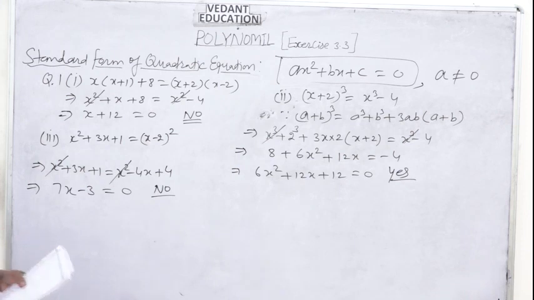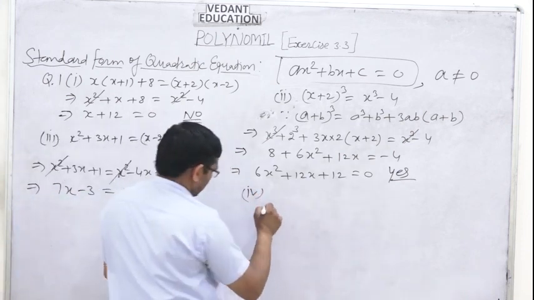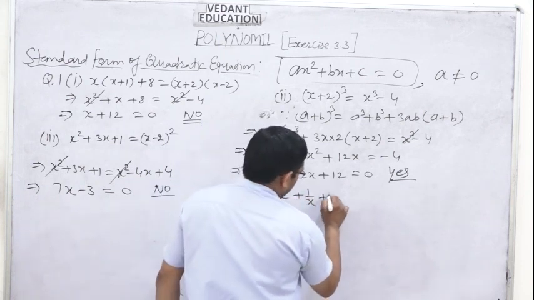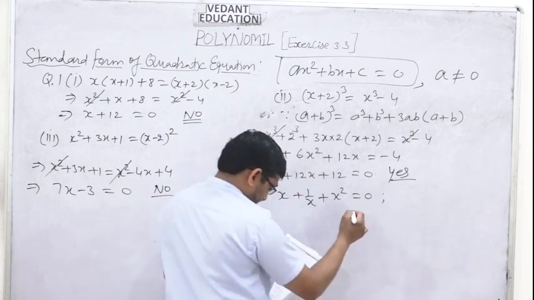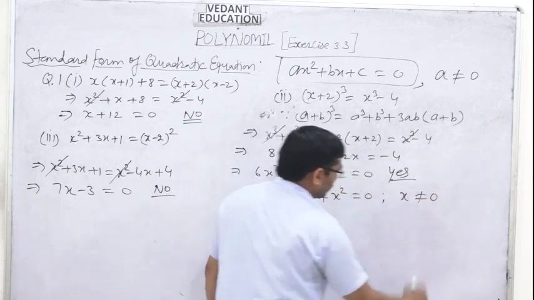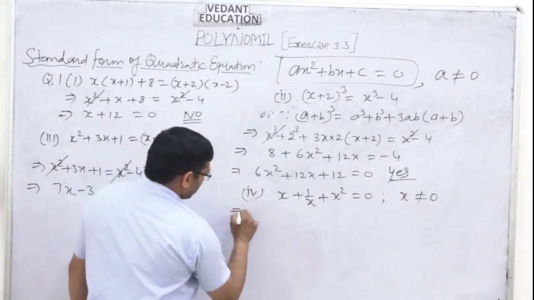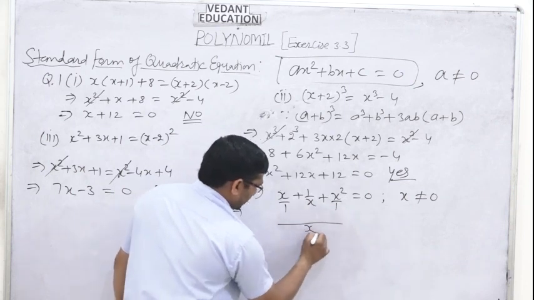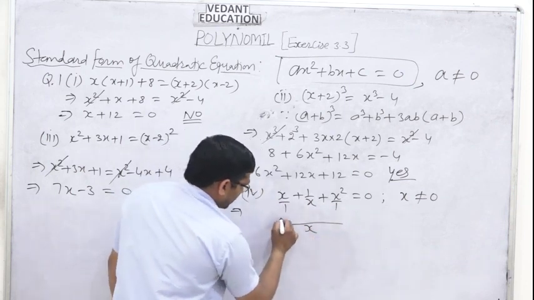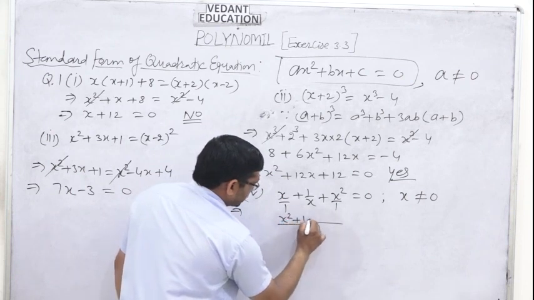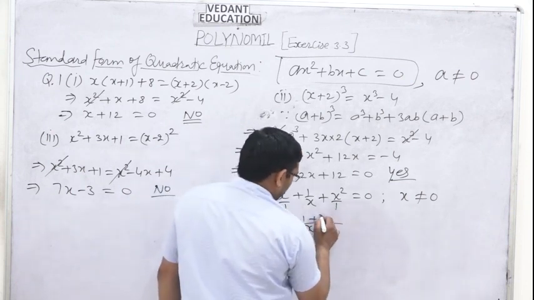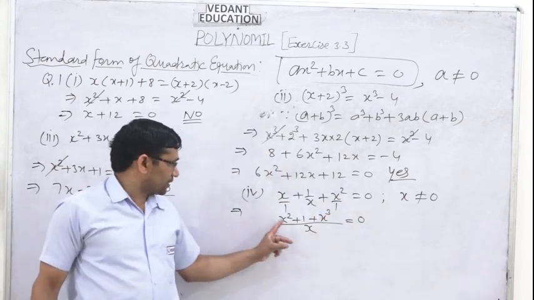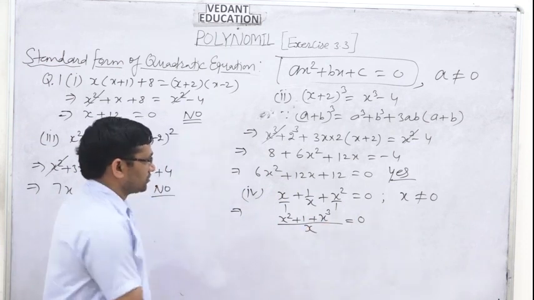And now the last, fourth part: x plus 1 upon x is equal to 2, where x is not equal to 0. We write here 1 and 1, taking the LCM x, so x square plus 1 is equal to 2x.